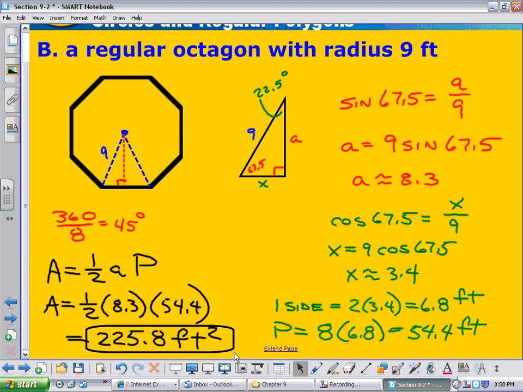We used the cosine of 67.5 to find the x value, which is half the base. Doubled that to get the side length of 6.8 for each side of that octagon. Multiplied that by 8 to get the perimeter of that octagon. Use that with the apothem to find the area in the formula. Okay? And these are great examples to help you through your homework. All right? Good luck.